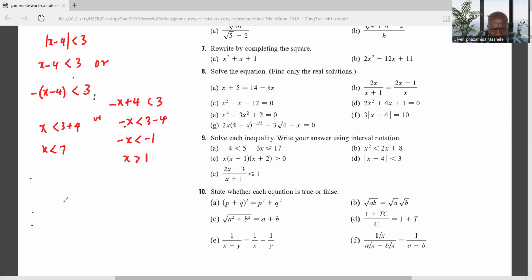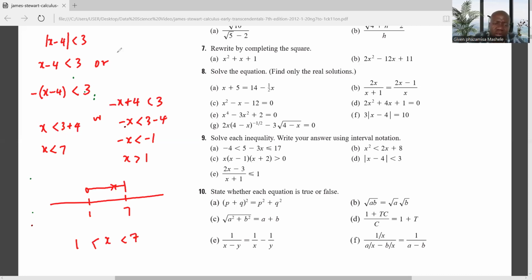If we draw a number line, we have 1 and 7. x is bigger than 1, so it's above 1, and it is below 7, so the answer is in between. The final answer is from 1 to 7.